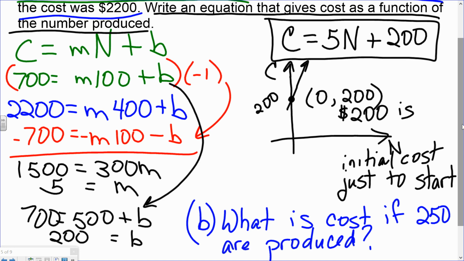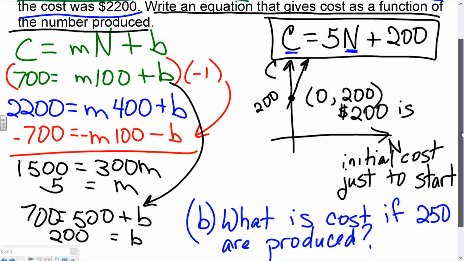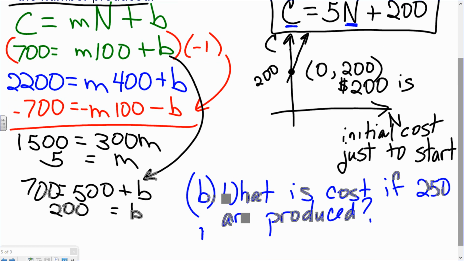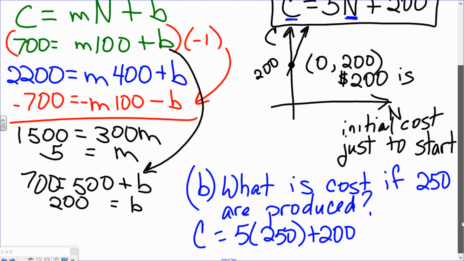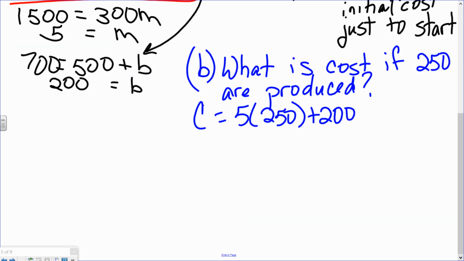Ronald, what? You put 250 instead of that. Okay, 250 is the number produced, so I put that right here. I want to get the cost, so the cost is going to be 5 times 250 plus 200, or 1250 plus 200. Did I do that right?